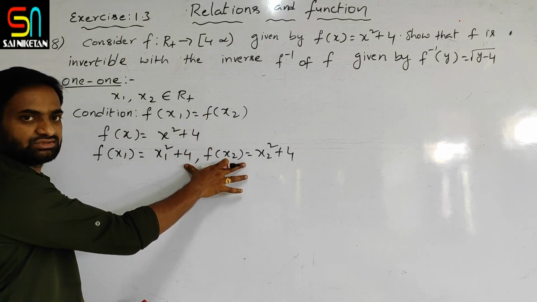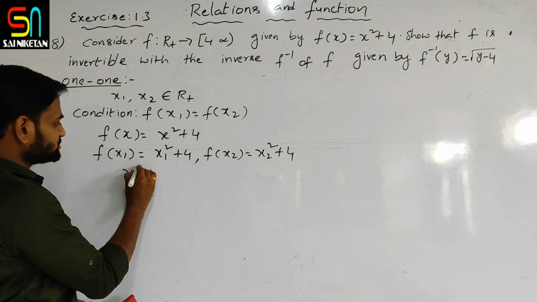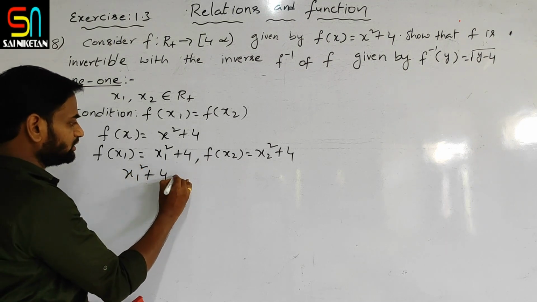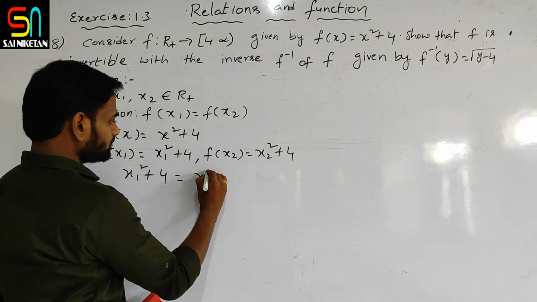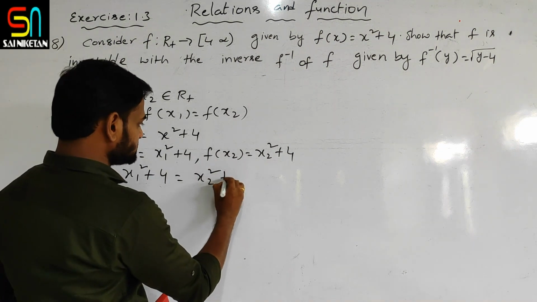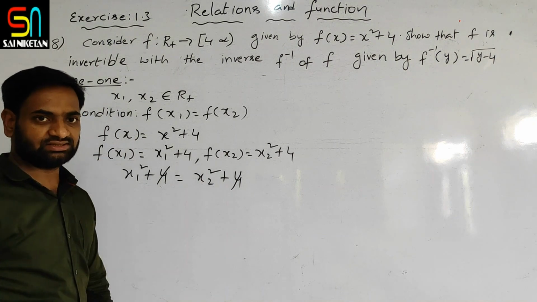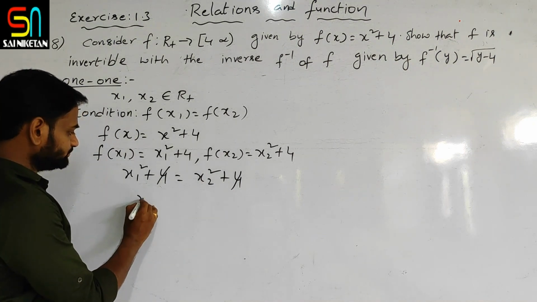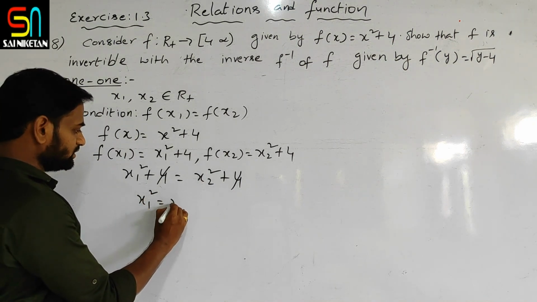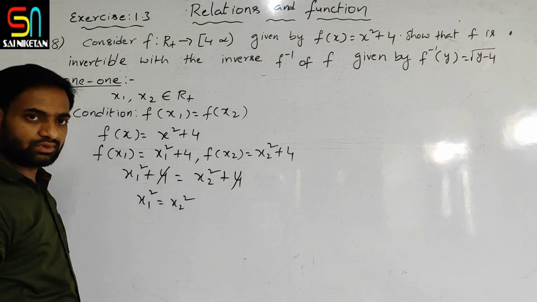Equate these two functions. That is, x1 square plus 4 is equal to x2 square plus 4. 4 gets cancelled. Now what is remaining here? x1 square is equal to x2 square.